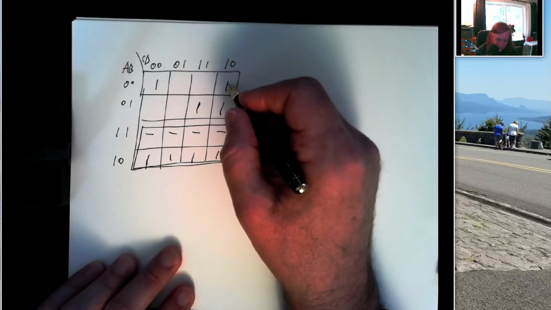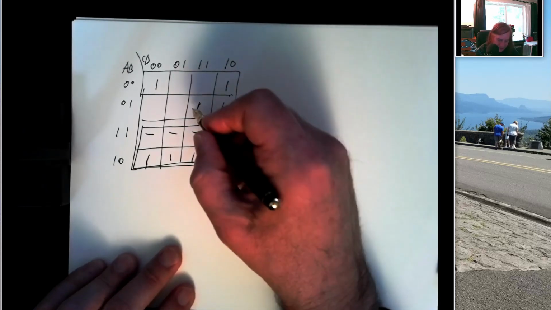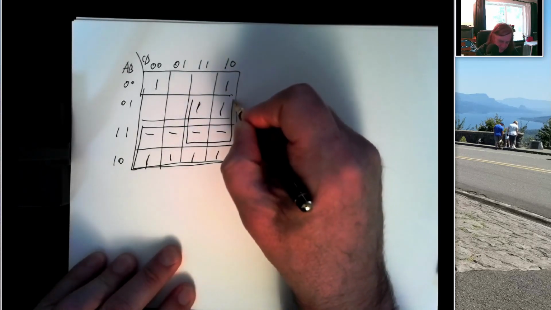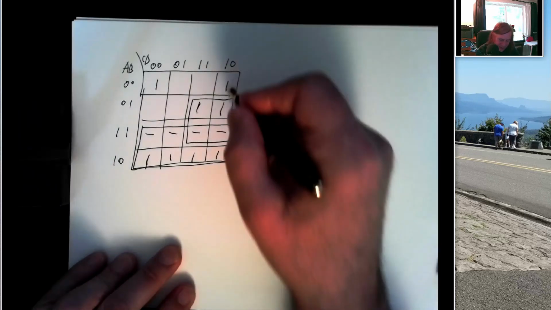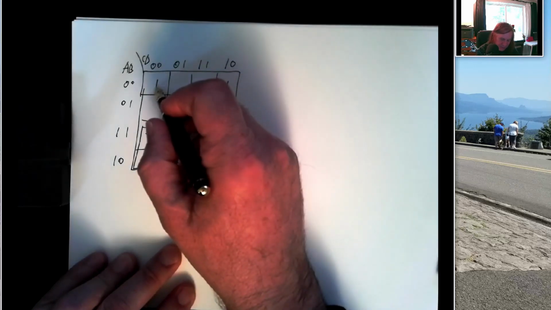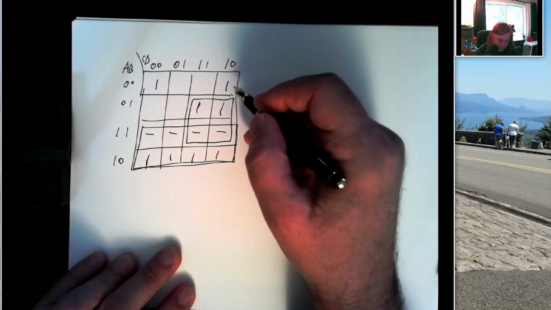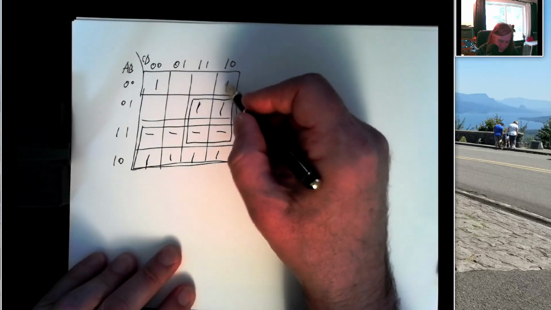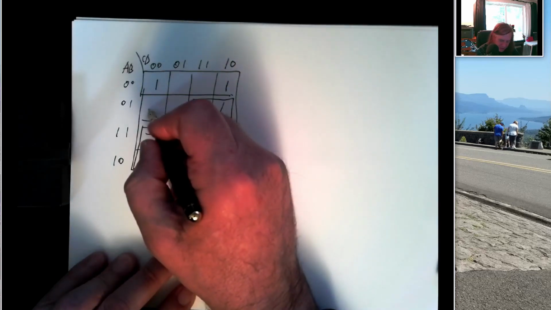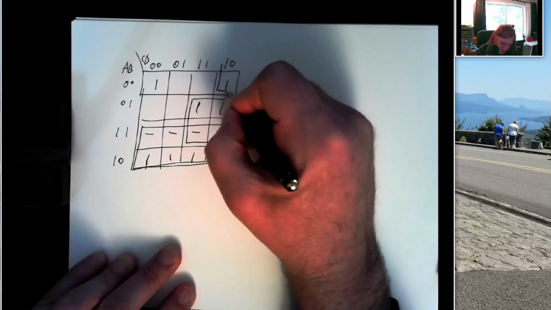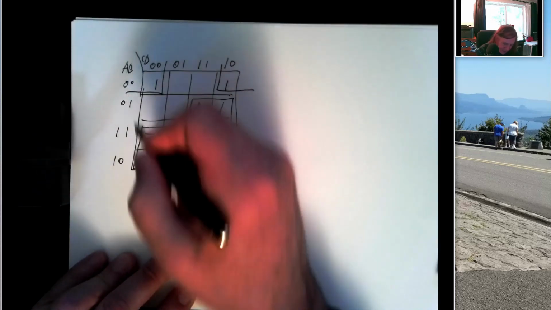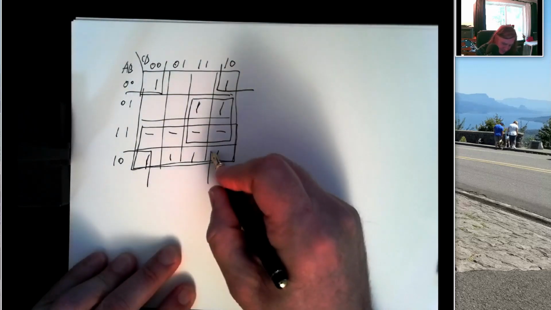We can't really pick up that extra one, but we could also pick up these dashes. So there's a 2x2, that's good. And this one over here, we can pick it up with that one. We could pick up this one and make a box there, but we can't pick up this. But this is that split rectangle that we mentioned, where we can think of a 2x2 rectangle that looks like this.